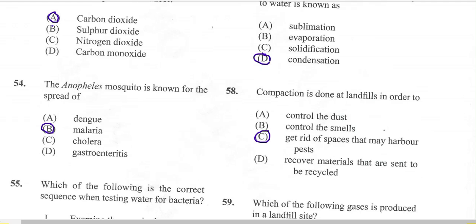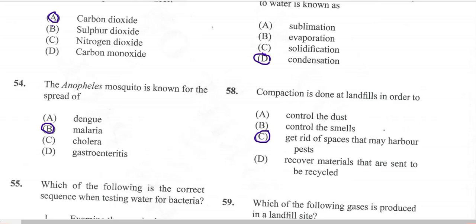Compaction is done at a landfill in order to control dust? No. In order to control smell? No. In order to recover material that has been sent to be recycled? Of course, we're going to be using machines to do that, but the most suitable answer here is going to be to get rid of a space that may harbor pests.